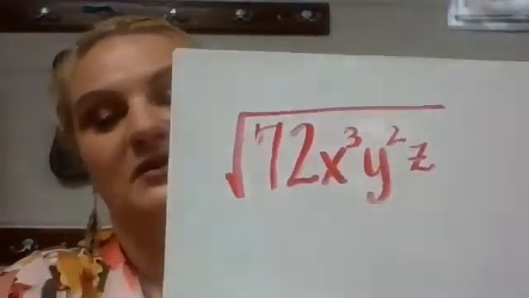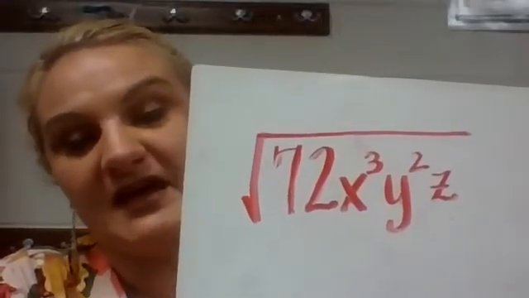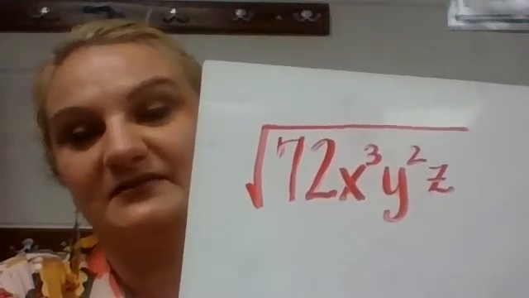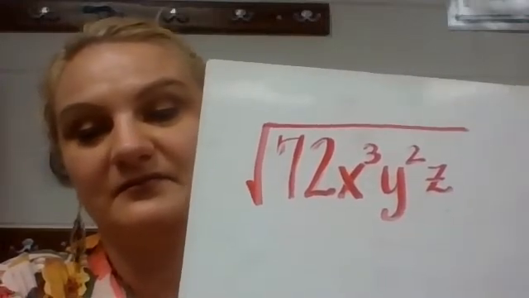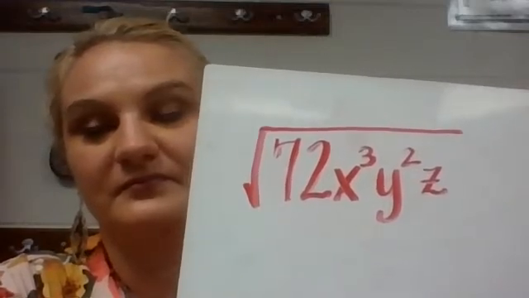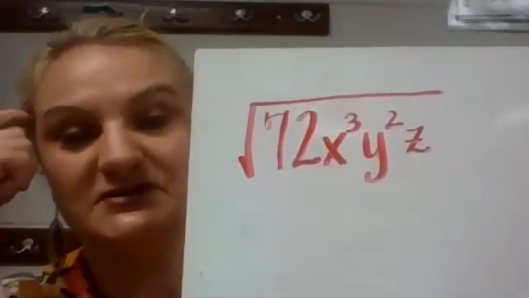Okay. The square root of 72, x to the third, y to the second. So copy that down first.